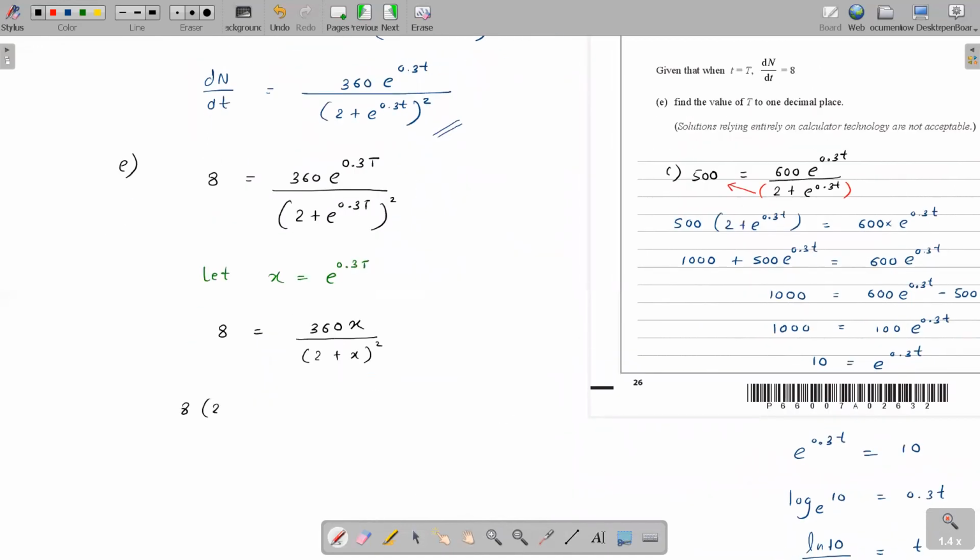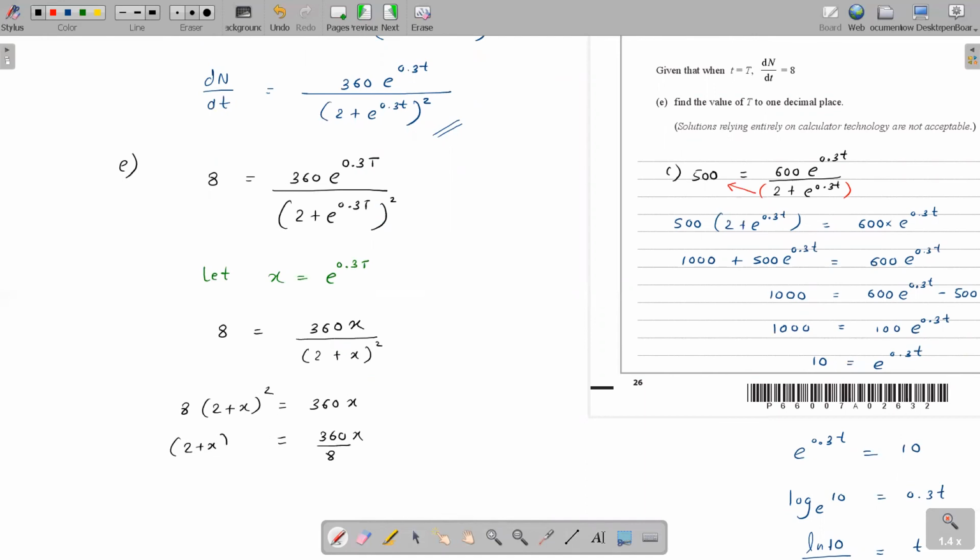So 8 times (2 plus x) squared equals 360x. I think the 8 and 360 we can simplify. Let me bring the 8 to the other side: (2 plus x) squared equals 360 divided by 8 times x.